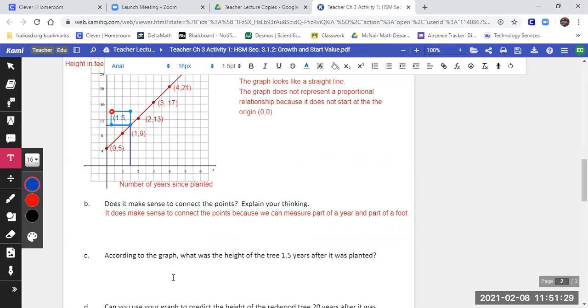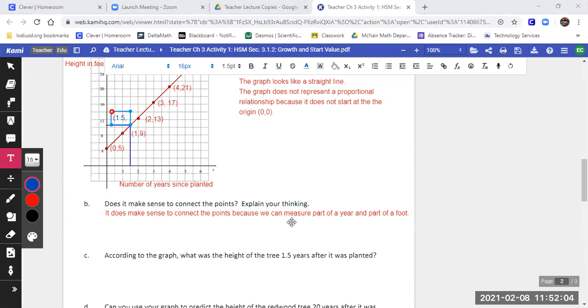What number would that be? Halfway between 9 and 13 is what number? 11.